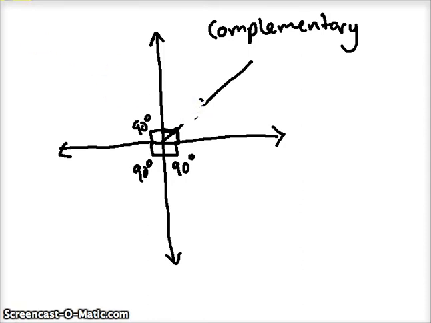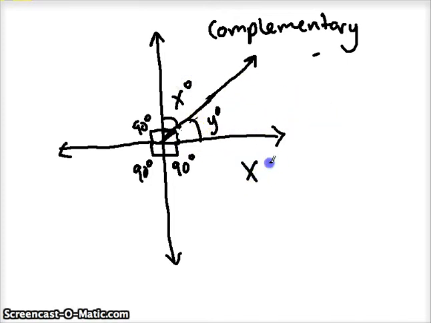If I break up that 90 degrees into two different angles, it doesn't matter if it's even or not, and I call this one X and I call this one Y, I don't know yet how I broke that angle up.